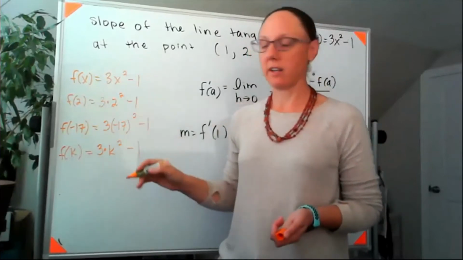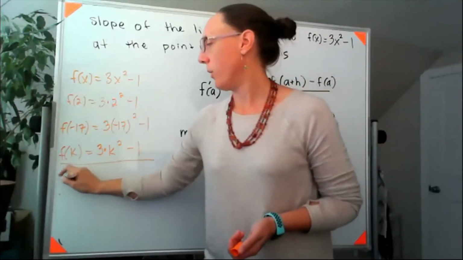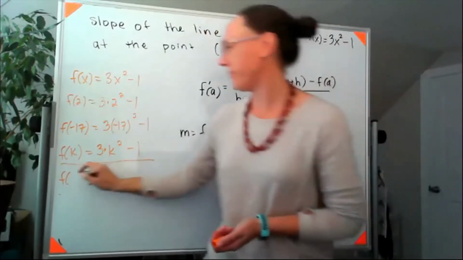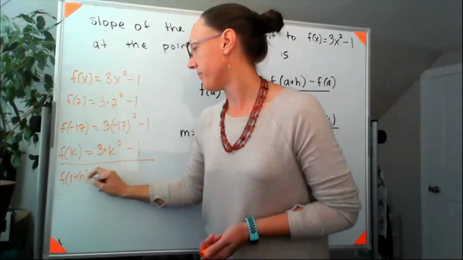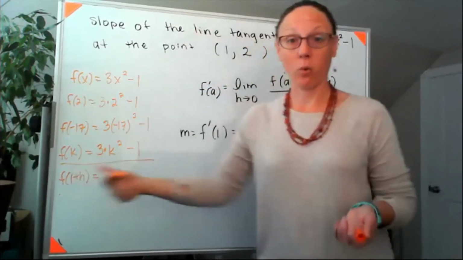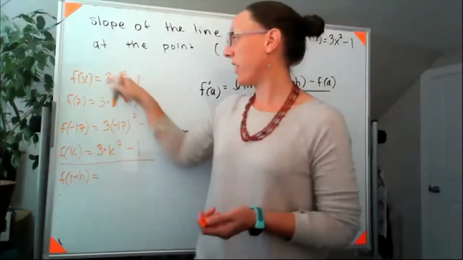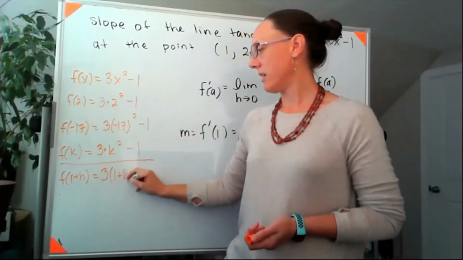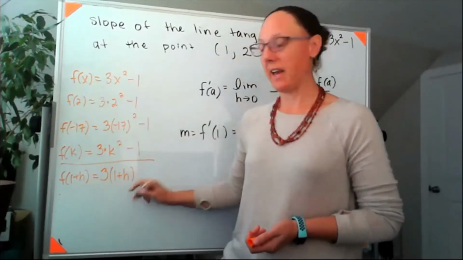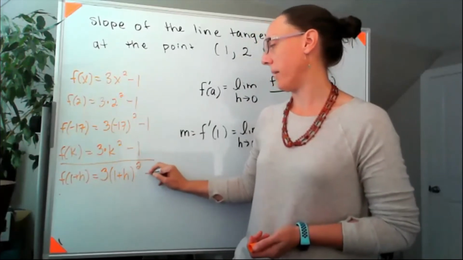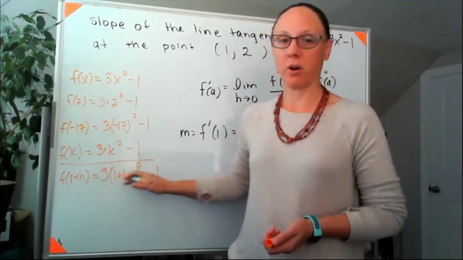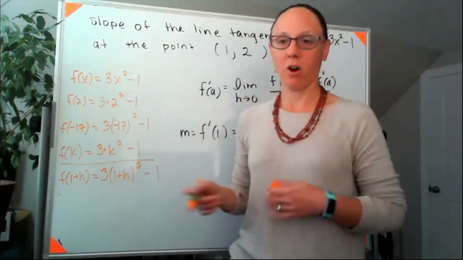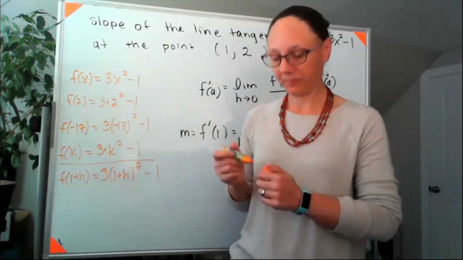But we don't actually want any of those things. We want f of 1 plus h. And f of 1 plus h says figure out where my x is and do 3 times what I'm replacing x with squared minus 1. That's the part you should write in your notes.